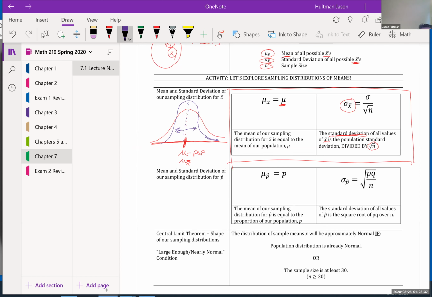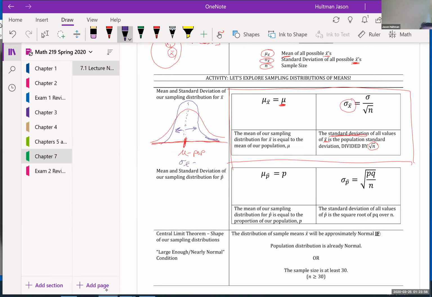And so that makes this a smaller standard deviation. Say the red one was the original distribution.